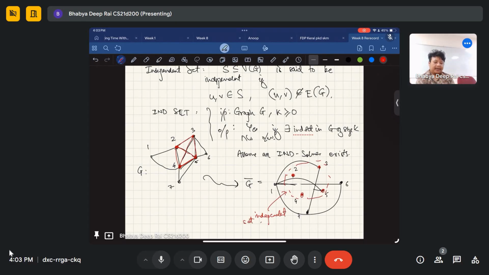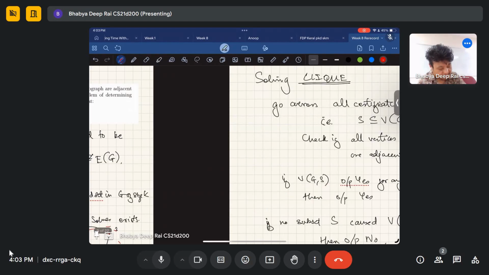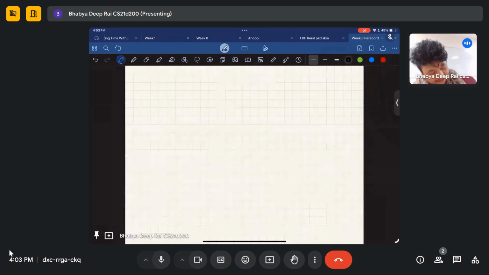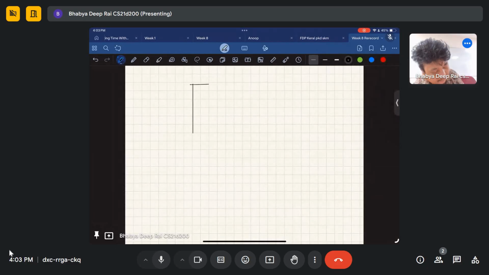So what does it mean? Not only efficient.